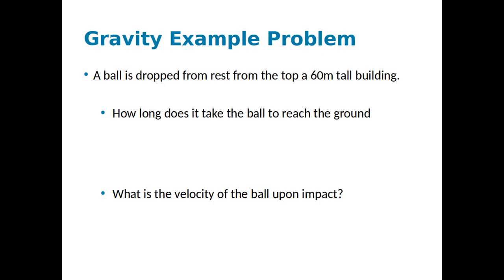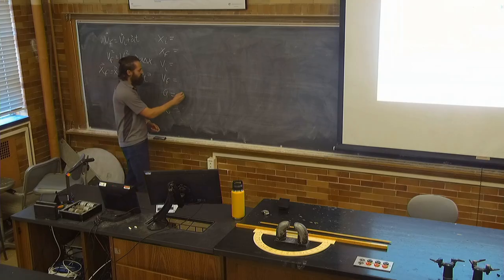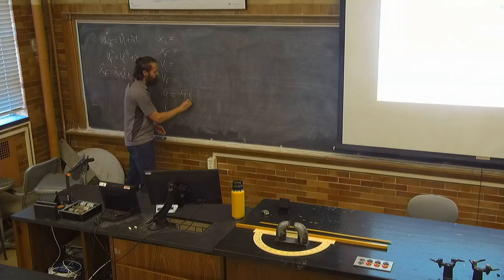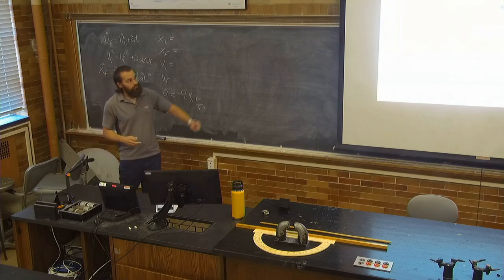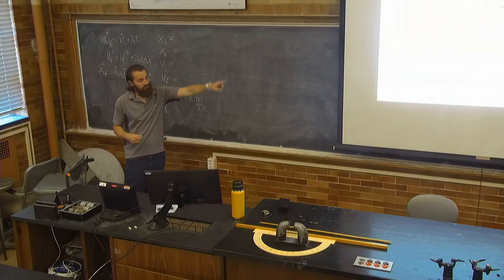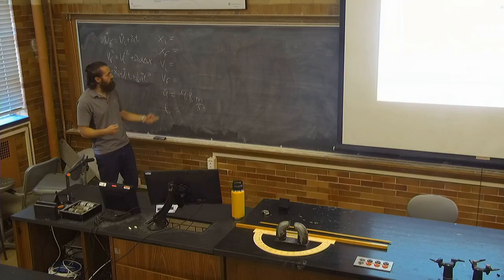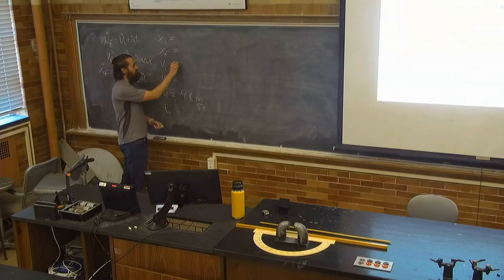The first thing: now we have something moving in the y direction, so we can always assume that the acceleration is due to gravity. There's this keyword rest, so if something starts from rest, they're telling you the initial velocity is 0.